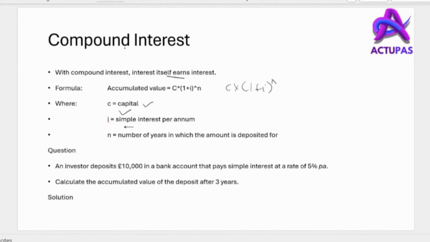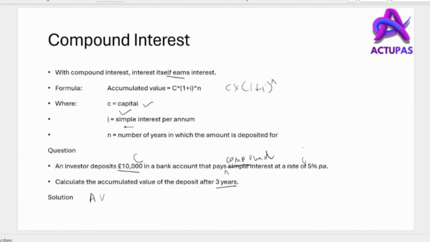So the question is, an investor deposits 10,000 in a bank account that pays compound interest at a rate of 5% per annum. Calculate the accumulated value of the deposit after 3 years. So 10,000 is the capital, the C, i is 5%, and n is 3 years.